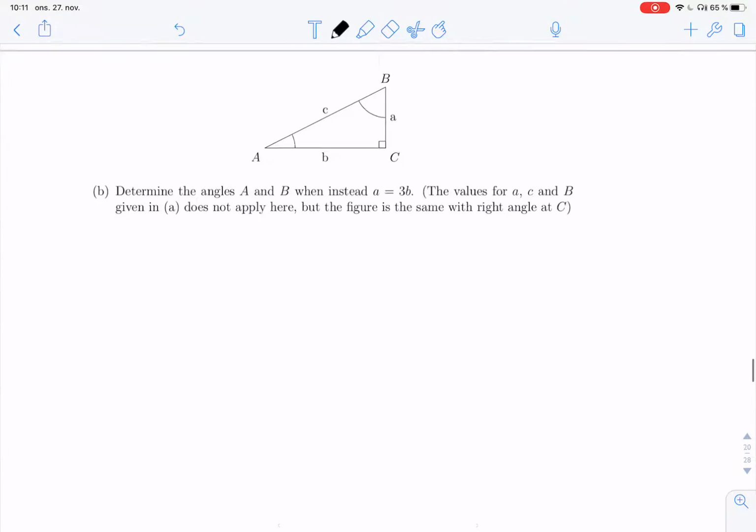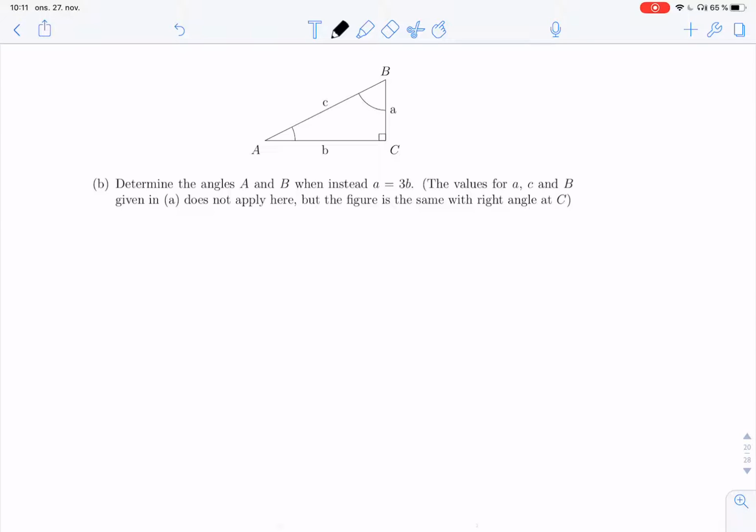That was A. B. Now we are to determine the angle A and the angle B when we know that A is equal to 3B instead of what we had before. Okay, so if we start out with A, the angle A, side A and side B, we see that now we need to use tangent.